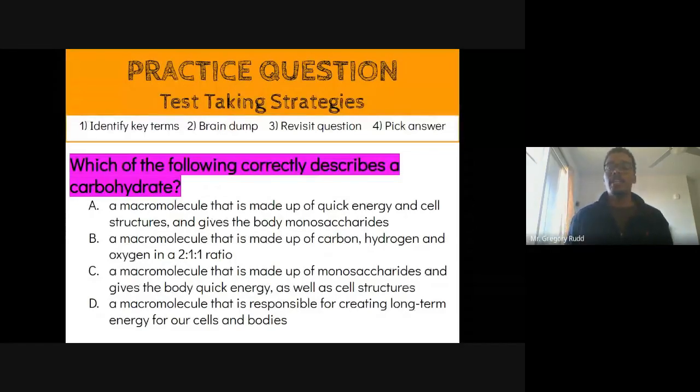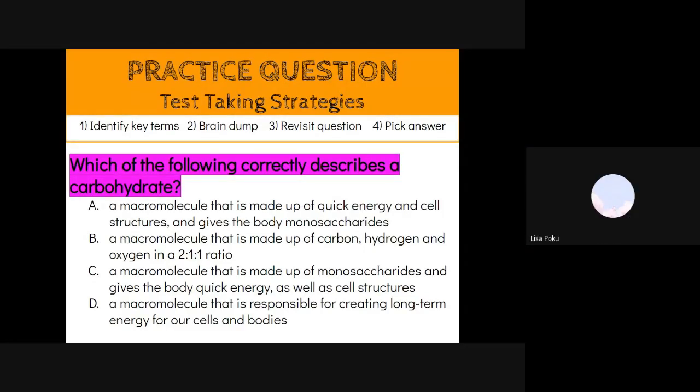So what kind of information will we want to write in a brain dump based on that key term, carbohydrate? What information would we want to include? We would want to write down that the monomer of a carbohydrate is a monosaccharide. Good. What else might we include? Thank you, Abigail. It gives you energy.